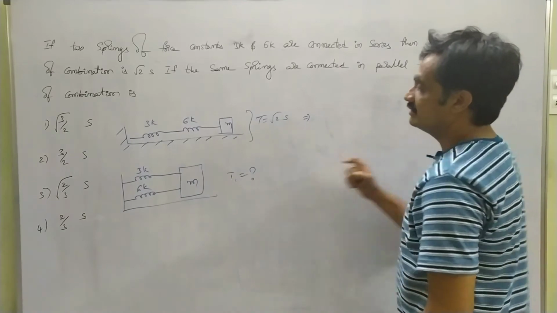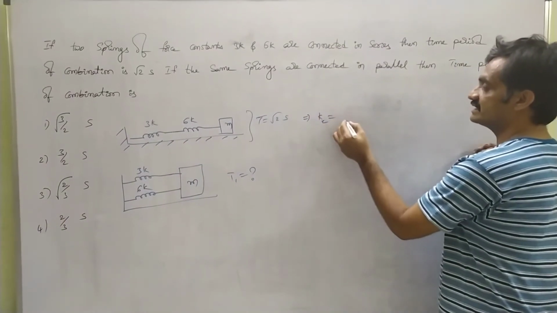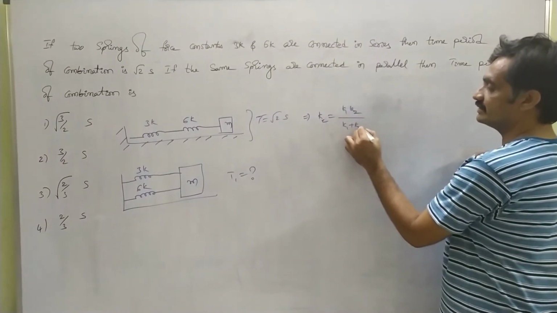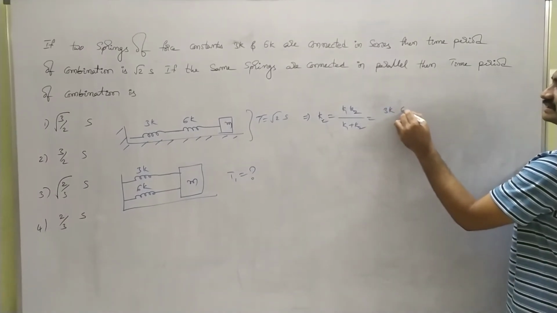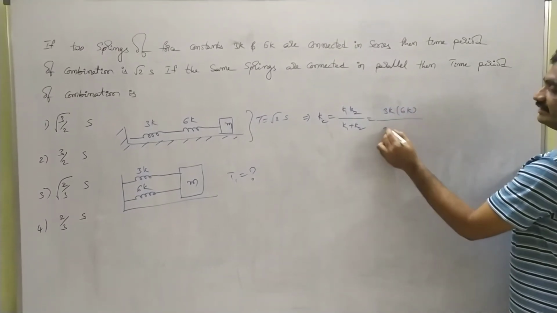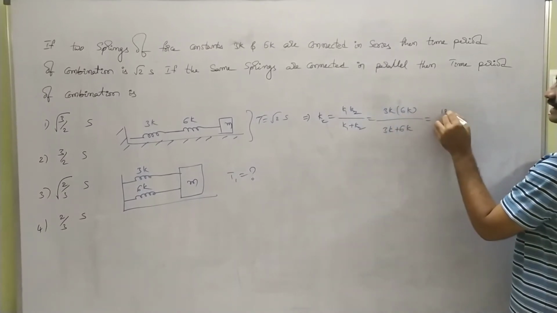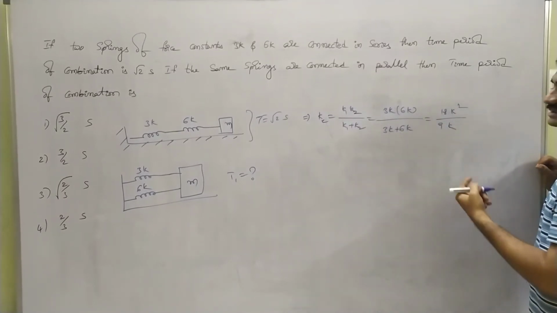Since the two springs are connected in series, the equivalent force constant is given as k effective equals k1 k2 by k1 plus k2, where k1 is 3k and k2 is 6k, by 3k plus 6k. So 3 into 6 is 18k square by 9k, since 3 plus 6 is 9.